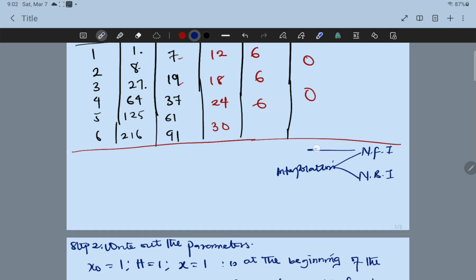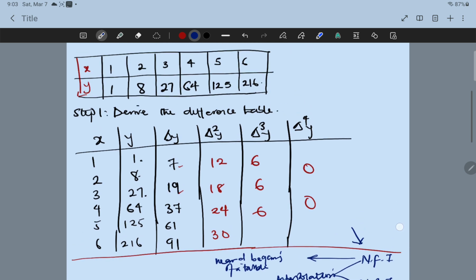The Newton forward interpolation is used for interpolating figures near the beginning of a table, and the Newton backward interpolation is used for interpolating figures near the ending of a table. And so numerical differentiation is you differentiating the NFI and also differentiating the NBI as the case may arise.